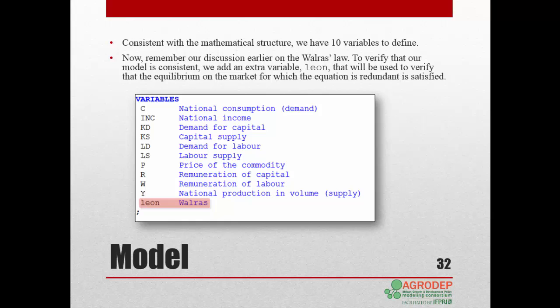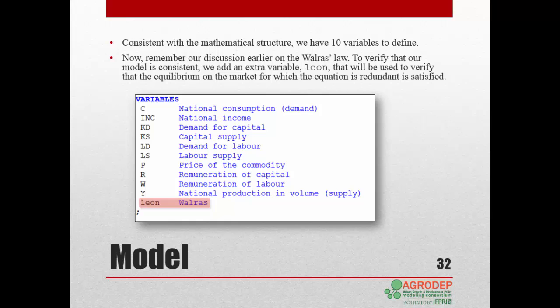Recall our earlier discussion on Walras' law. We showed that we could drop one equilibrium equation if the other two are satisfied. To do this and still verify that our model is consistent, we add an extra variable which we call Leon, in reference to Walras' name, but you could call it anything.